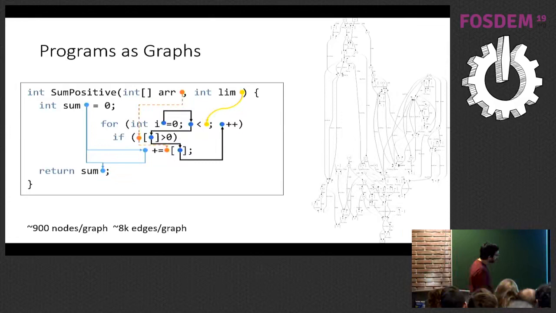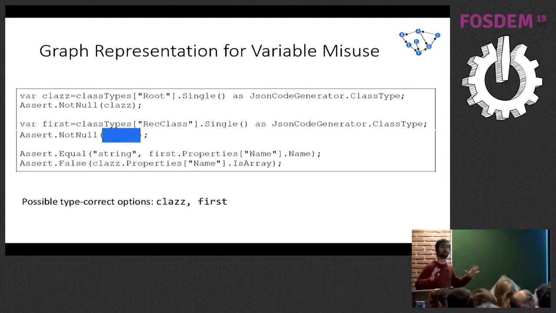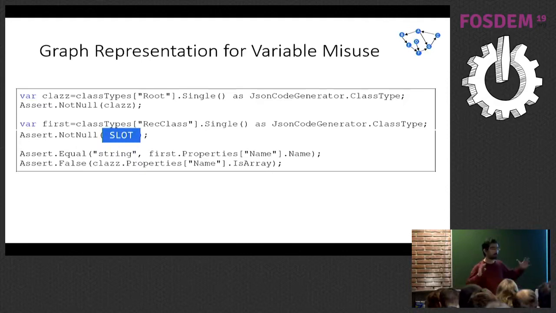So how do we encode specifically the variable misuse problem? Other problems can be encoded in different ways. So we had this problem here. We blanked out this variable, so we want to create one graph for this case. We need to predict a class, but that's not necessarily the point here.